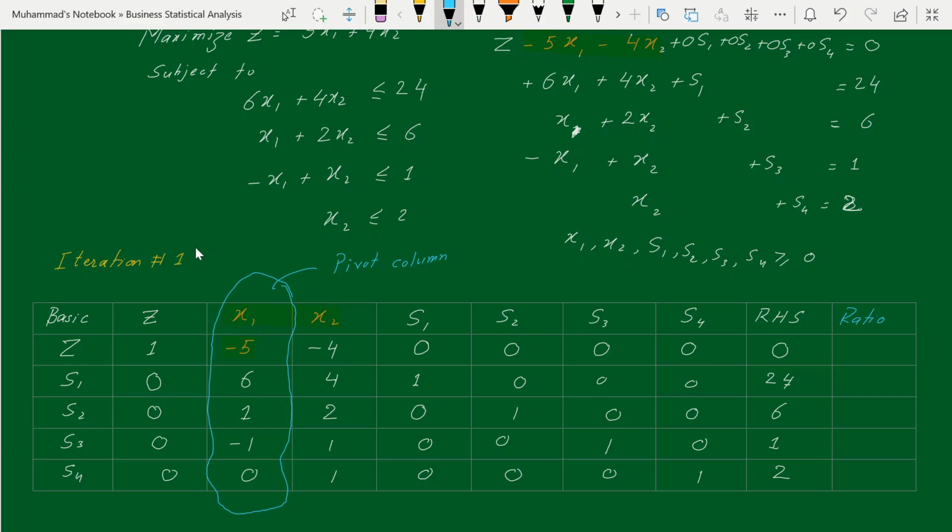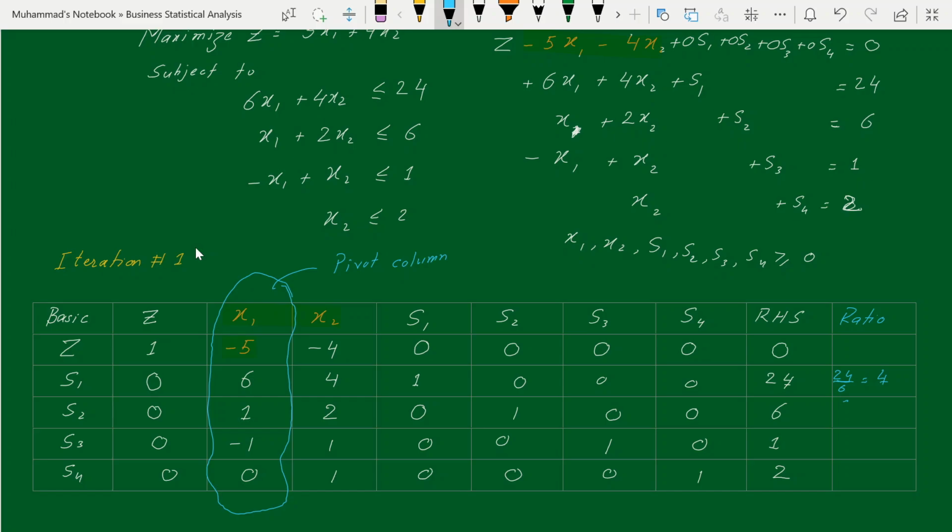For example, here the right hand side of the constraint is 24, so we write down 24, and the corresponding element in the pivot column is 6, so you divide it by 6. Okay, so the answer is 4.